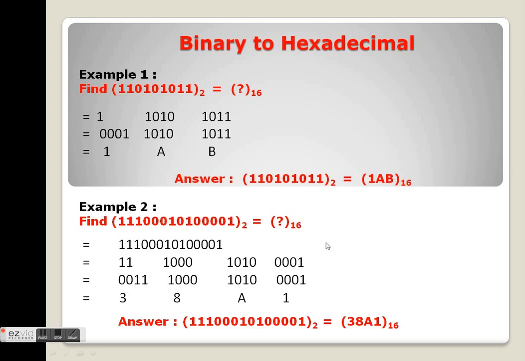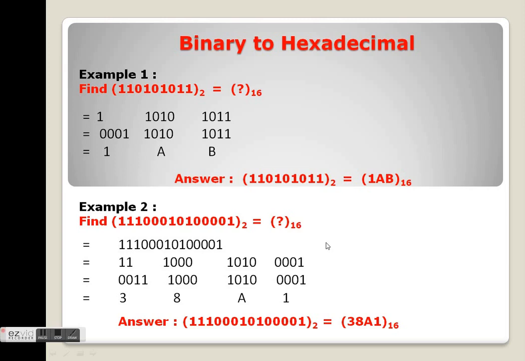So the first group will be 1101, the second group will be 0101, and the third group will be 1. Now here we can see that in the third group the elements are not complete, so we will add zeros in this case to complete this group. Now we will find the decimal equivalent for each group, and after that we will change the decimal value to its hexadecimal value.